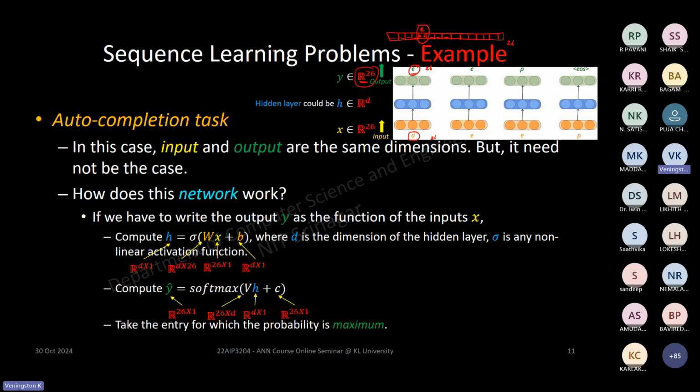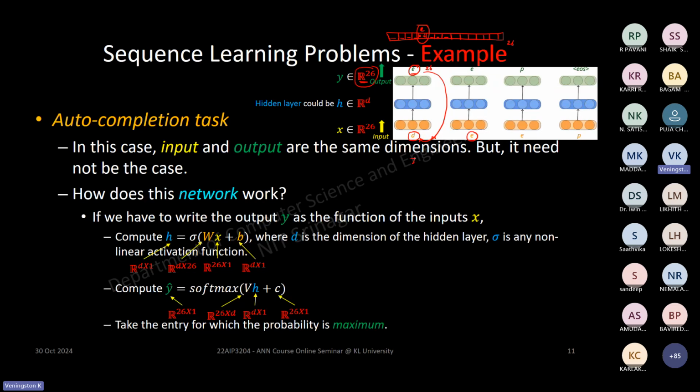Right, now after finding E, we again supply E as input to the model, and then the model will recursively find out what could be the next character that it could possibly recommend. I have written it in terms of different timestamps.